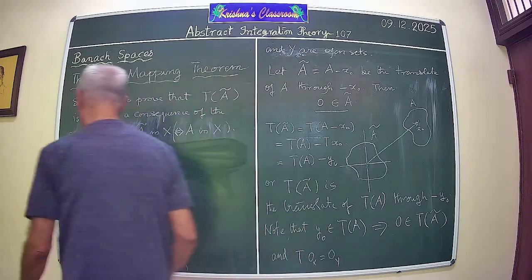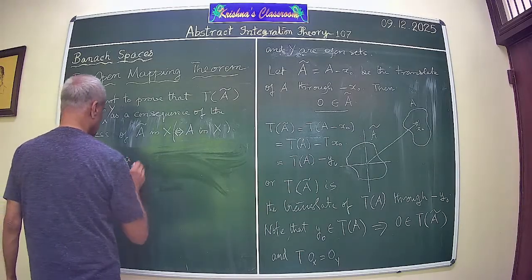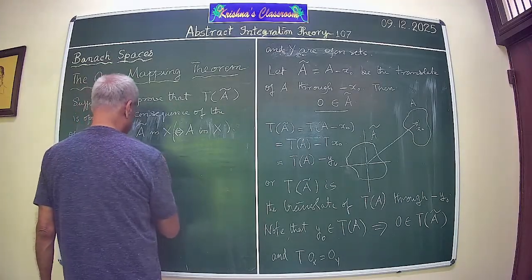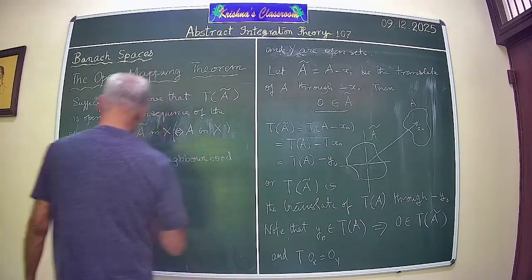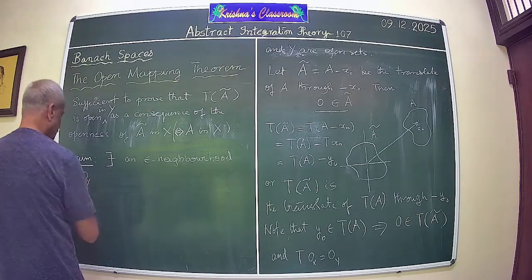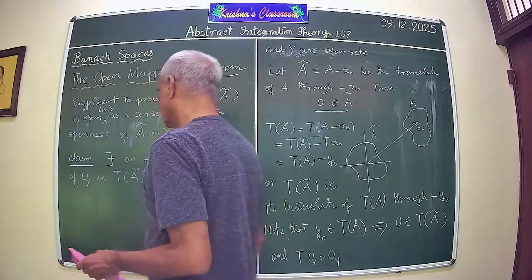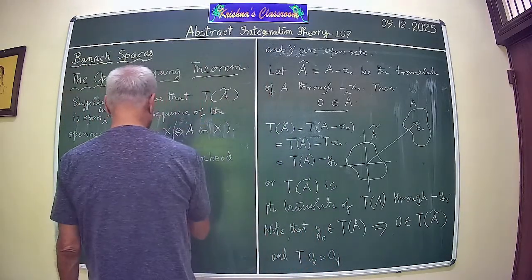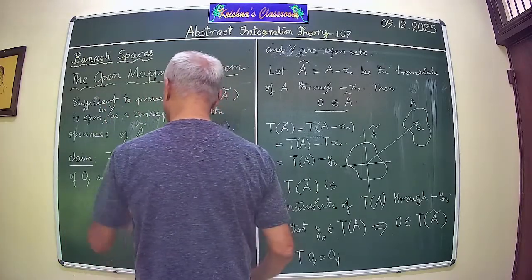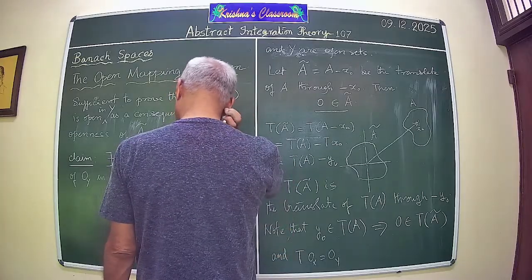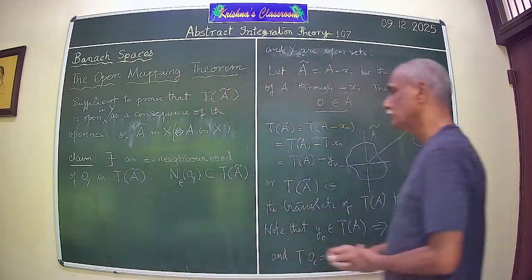Now, what we claim is this. There exists an epsilon neighborhood of 0, that is an epsilon neighborhood of 0_Y, if you want, you can write this as contained in T A tilde. This is what we want.